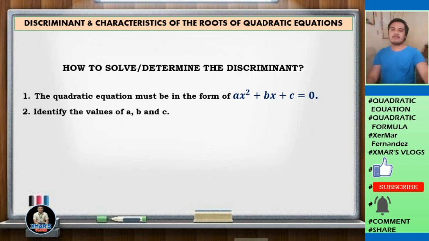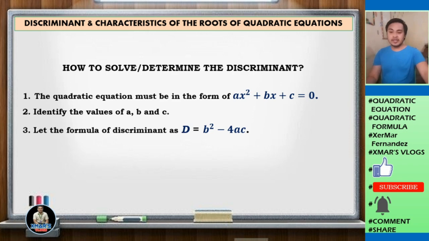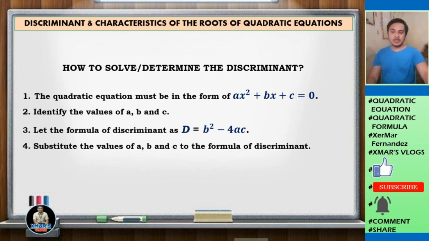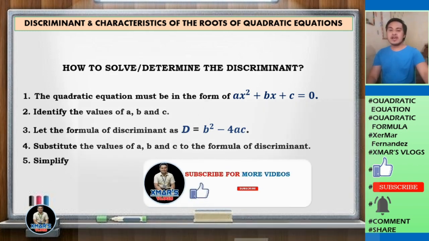Number 2, identify the values of a, b, and c. Number 3, write the formula of the discriminant as d equals b squared minus 4ac. Number 4, substitute the values of a, b, and c into the formula. Number 5, simplify.